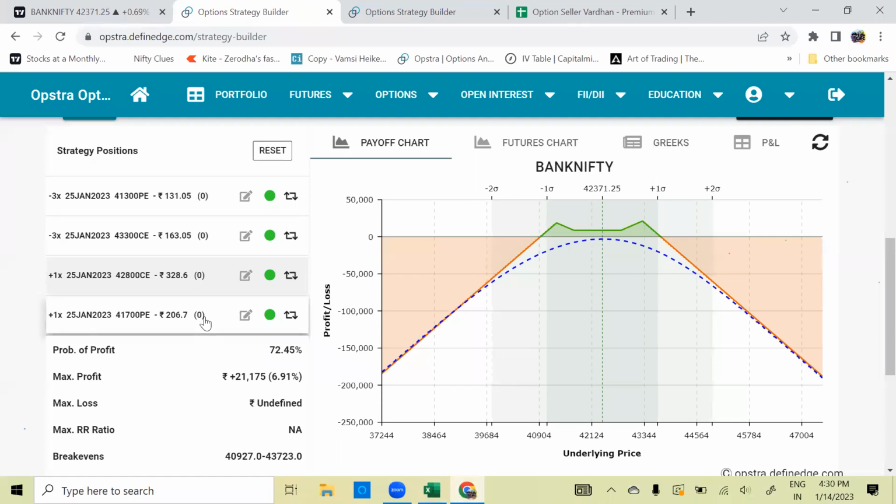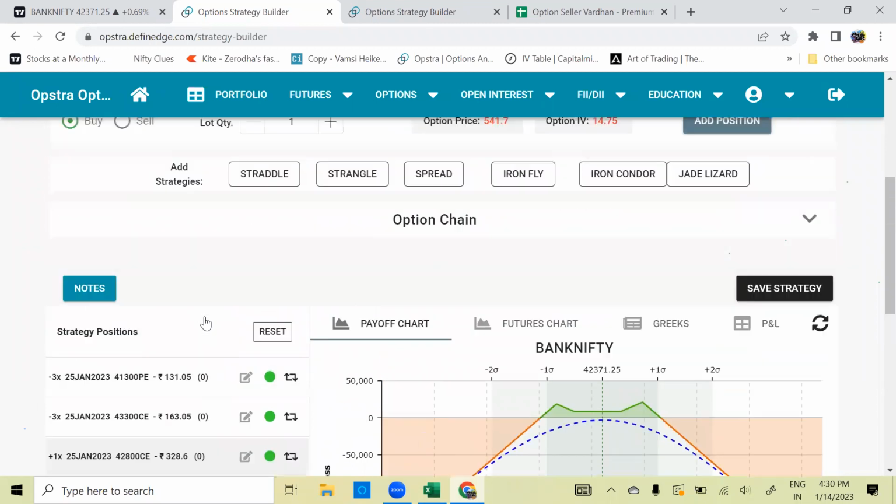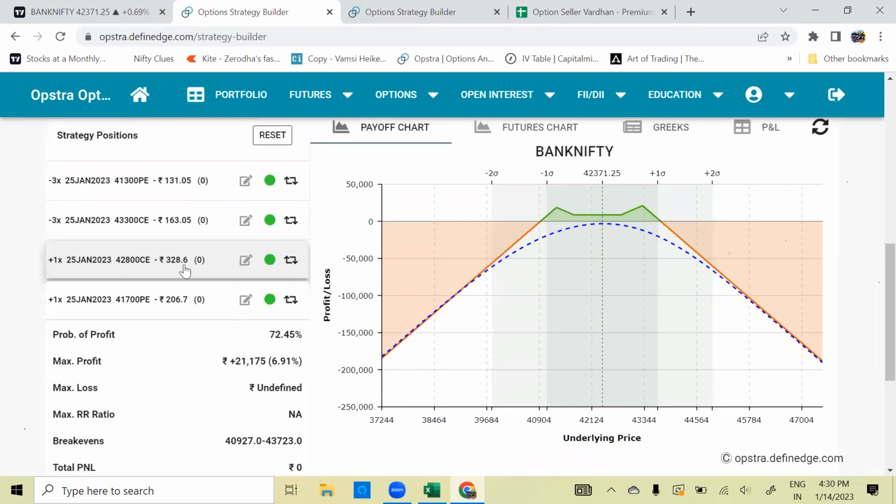We will close 41,300 and come to 41,500 or 41,600 based on the price of the loss-making strike. That is one adjustment. Another adjustment is whenever Bank Nifty again comes to the buy strike, 42,800 or 42,900, like plus 100 or minus 100 of the buy strike, then we can exit and form a fresh trade.